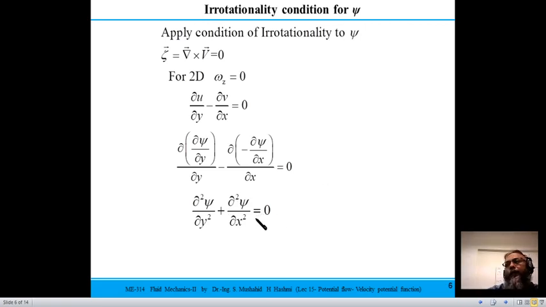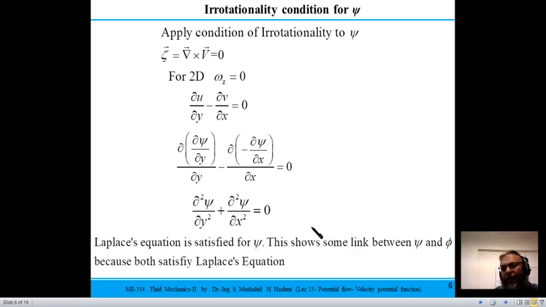That gives us a hint that there is some relationship between psi and phi, because once the condition of irrotationality is satisfied for a flow field, the stream function would also satisfy Laplace's equation. So that helps us establish a link between psi and phi.